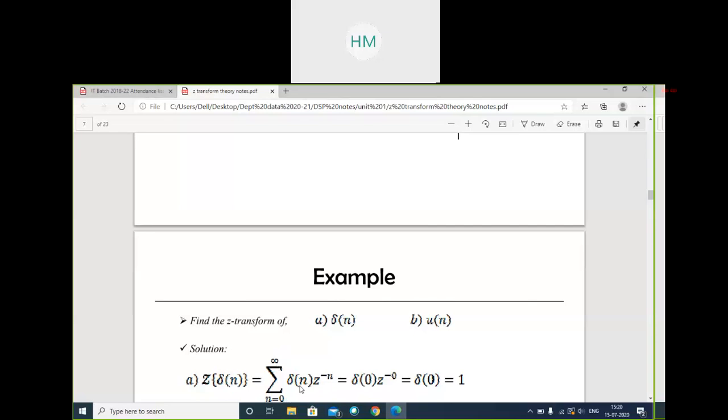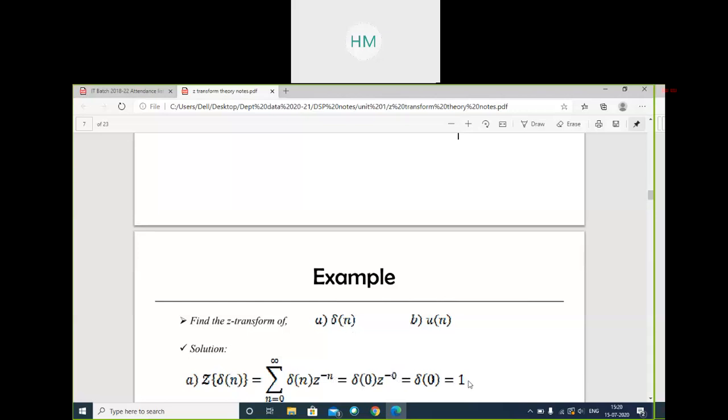Now del of n from this limit, it exists at n is equal to 0. We all know for n is equal to 0, impulse exists. So del of 0 z to the power minus 0. For n is equal to 0, z to the power minus 0 is 1. And del of 0, what is the value of del of 0?